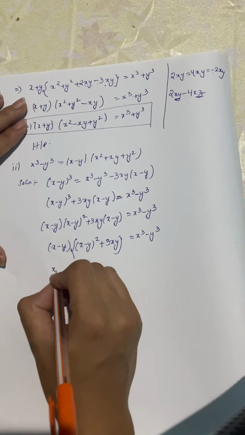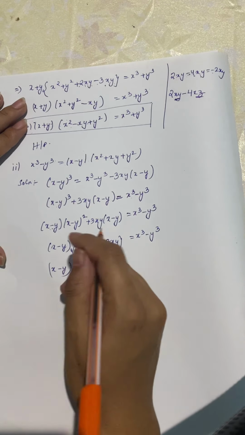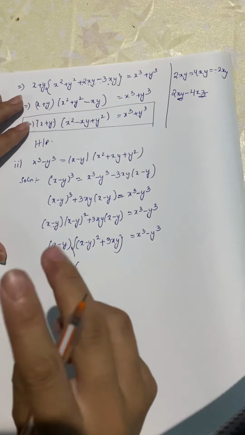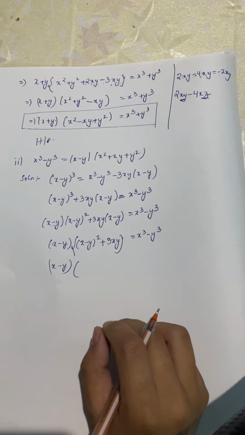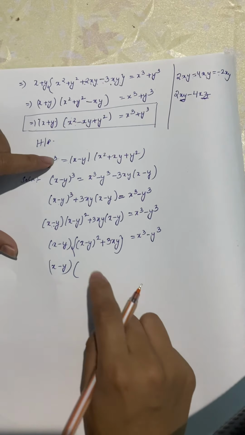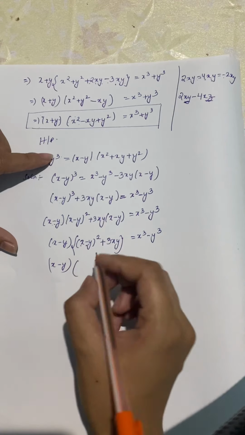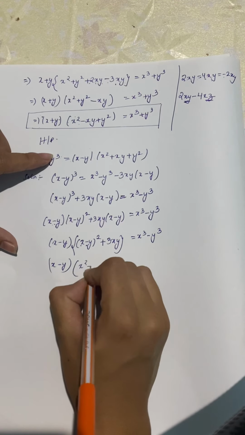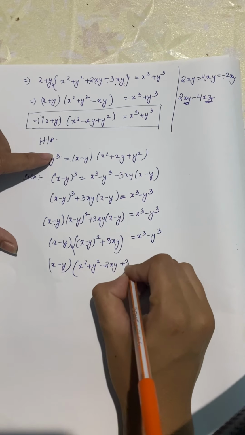Clear? So x minus y, open up the bracket for this. Use the formula, that is identity number 2 on page number 48, if I'm not mistaken. In your textbook on page number 48, this is identity number 2. That means this is the formula of x minus y the whole thing square. What is the formula? x square plus y square minus 2xy plus 3xy.